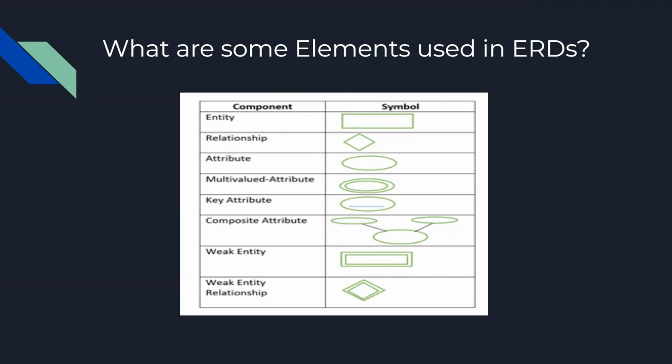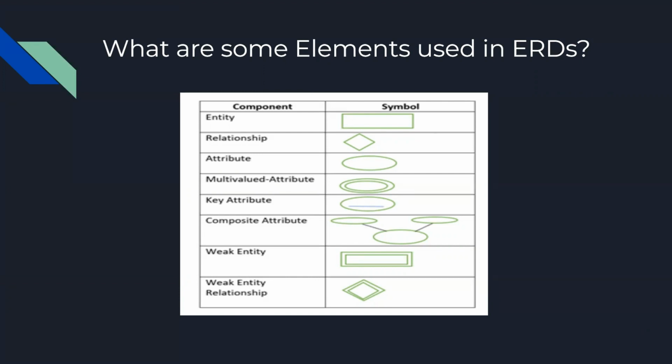And there are different types of them, like we can see. There is a multi-valued attribute that can possess more than one value at an instant of time. There's the single-valued attribute, which can only have one value at a particular time. There's a composite attribute that can be further divided.